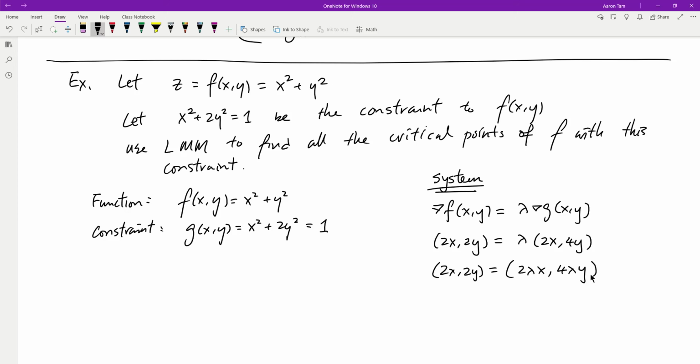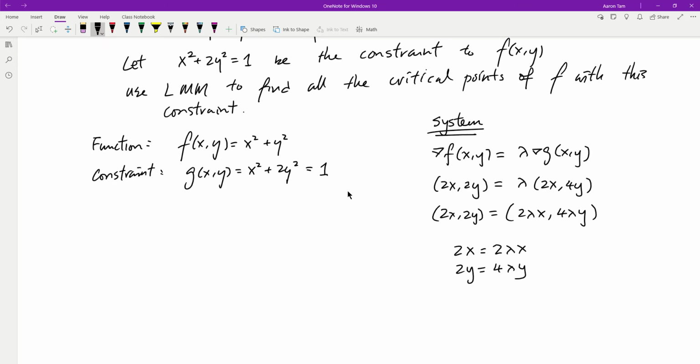Since these two vectors are the same, that means the corresponding coordinates must be the same. We now have 2x equal to 2 lambda x, and 2y equal to 4 lambda y. We also have our g of x y equal to 1, which is x squared plus 2y squared equal to 1.